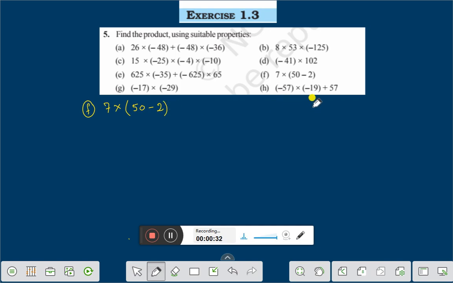In this case also we are using the distributive property.